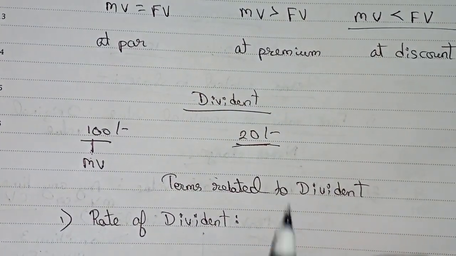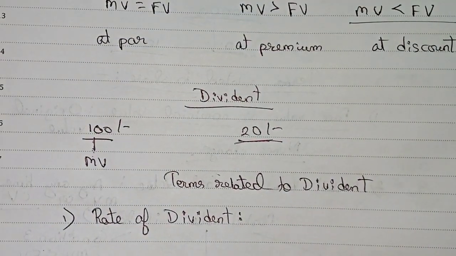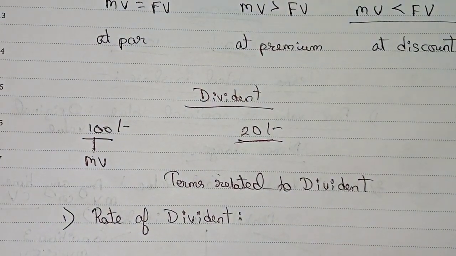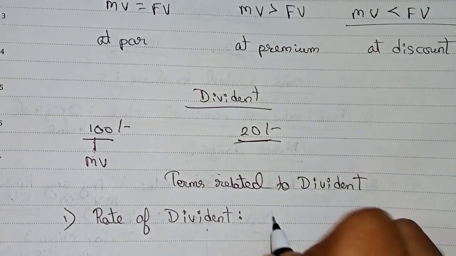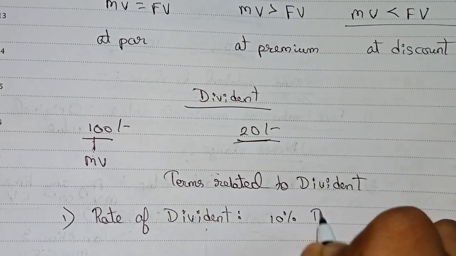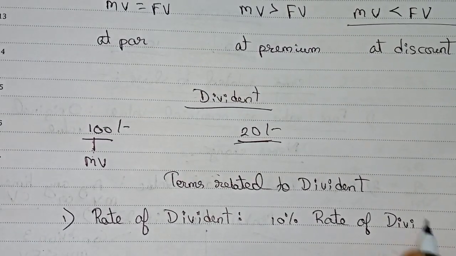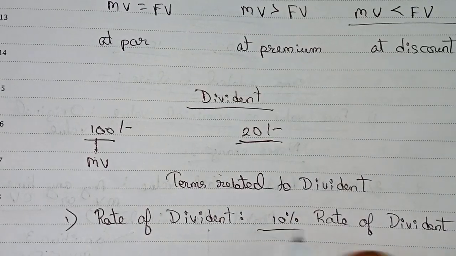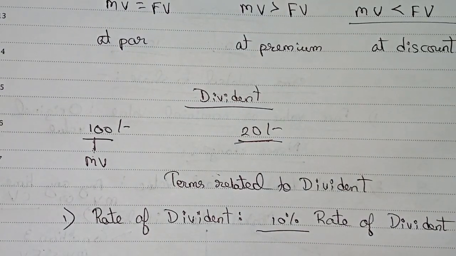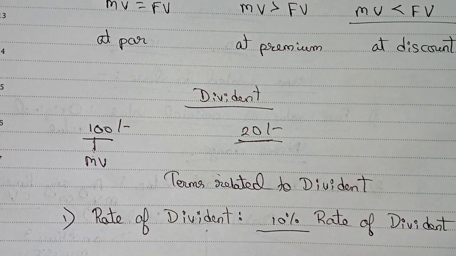Rate of dividend is the percentage at which the company gives us the interest. Suppose I say 10% rate of dividend. This means the company gives an interest of 10% on my investment.